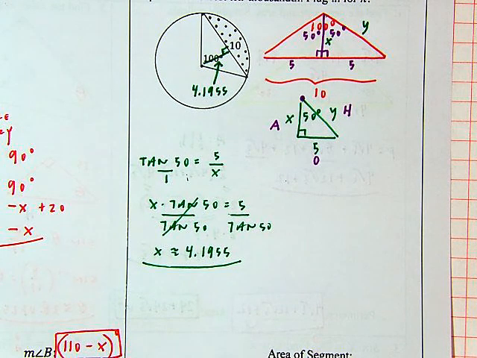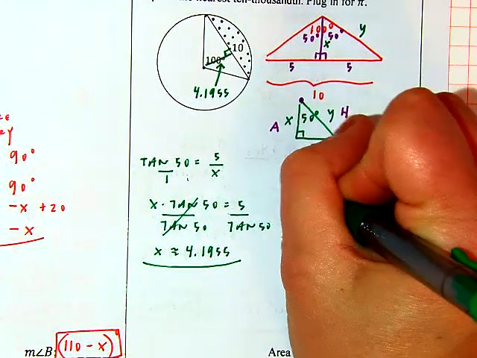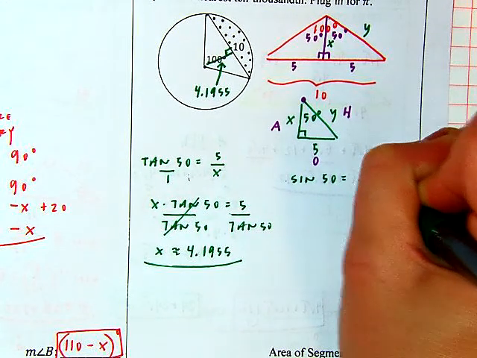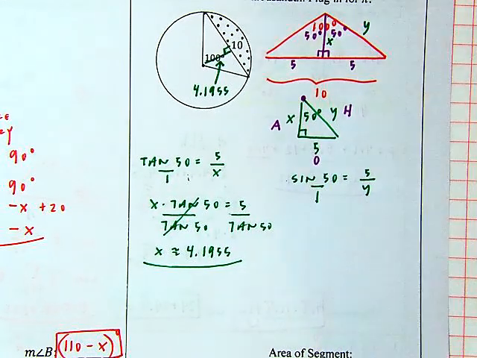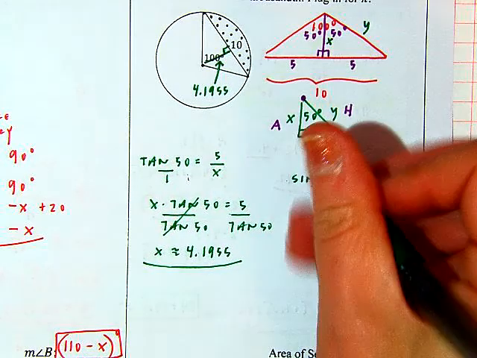Okay, if I want to get to the radius here, the y, I would use sine, opposite over hypotenuse. So I know that sine 50 equals 5 over y. I'm visualizing it as a proportion, and then I cross multiply.